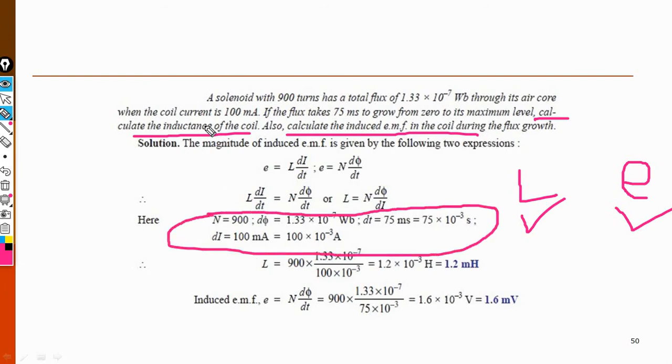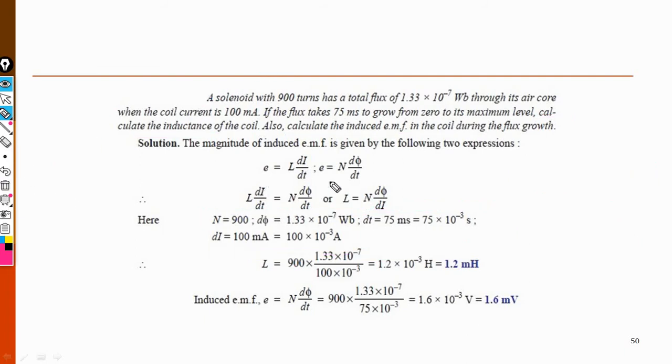Okay, this is the given data in the problem. Then these are the two important formulas. This is the formula of self-induced EMF, and the second formula is Faraday's law of electromagnetic induction, which is the formula of induced EMF.